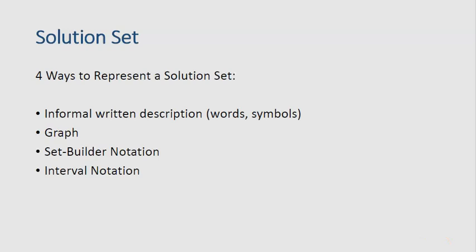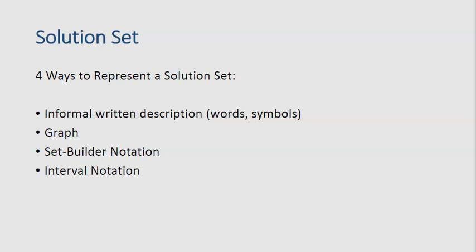So there are really 4 general ways. The first way we've kind of already been working with: an informal written description, either using words or symbols, like an equal sign or an inequality symbol on its own, or maybe writing it out in words. Often graphing is helpful when we're looking at solution sets that have many different values, especially if we have infinite values.